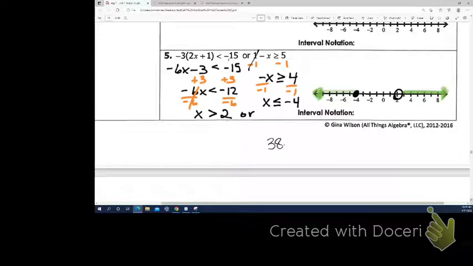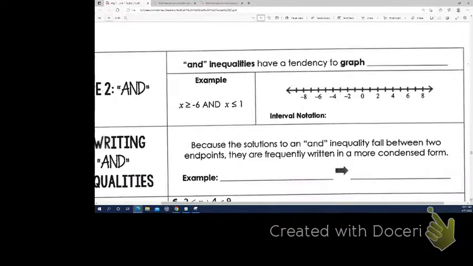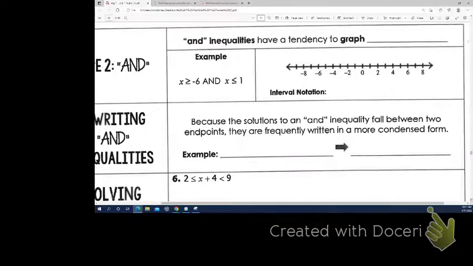So there is a second kind of compound inequality, and that is the AND situation. Occasionally you will actually see the word AND, but usually they are just squished together. So AND inequalities we graph between.